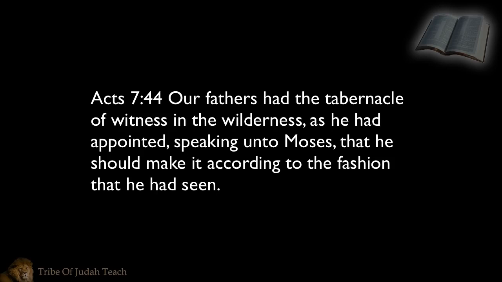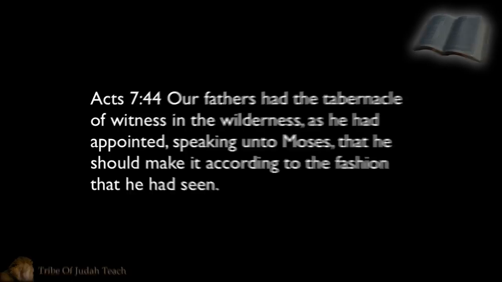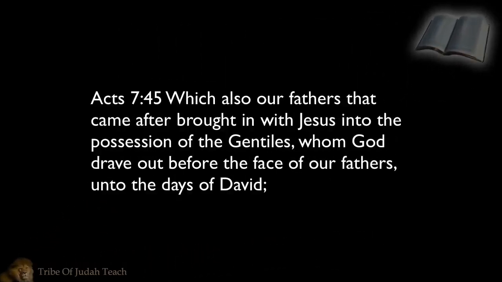So this is talking about Moses and the children of Israel in the wilderness with the tabernacle. Verse 45, it says, "Which also our fathers that came after brought in with Jesus into the possession of the Gentiles, whom God drave out before the face of our fathers unto the days of David."